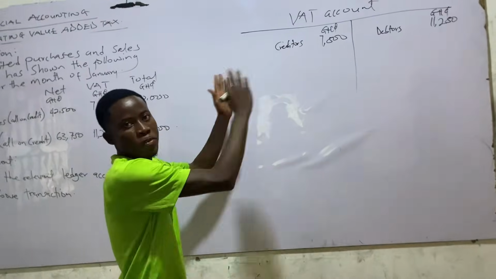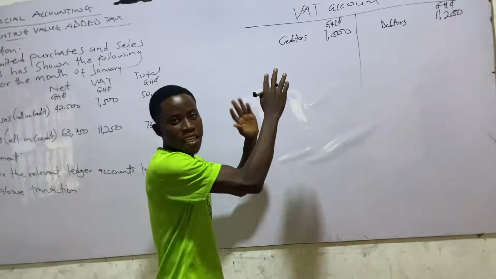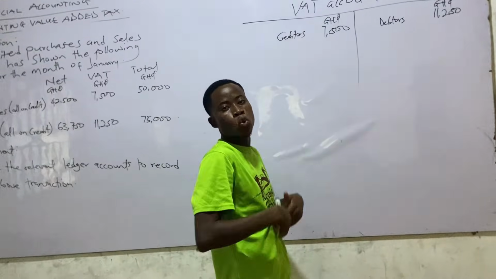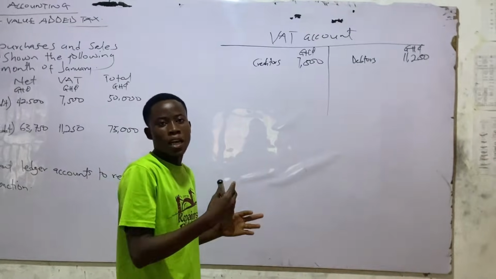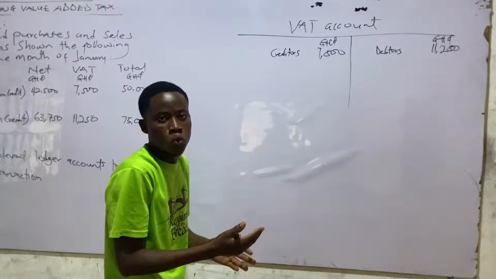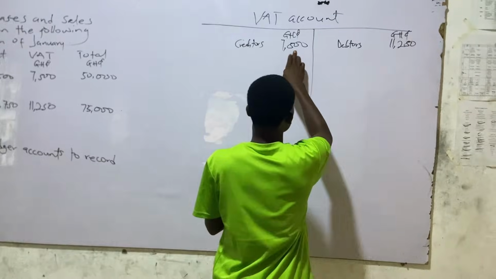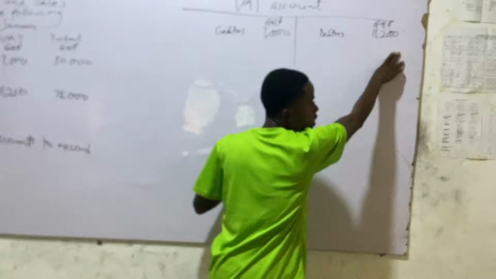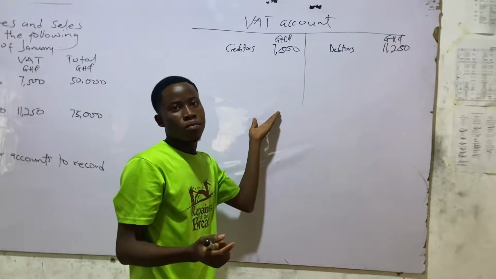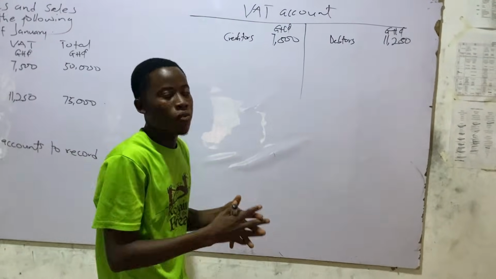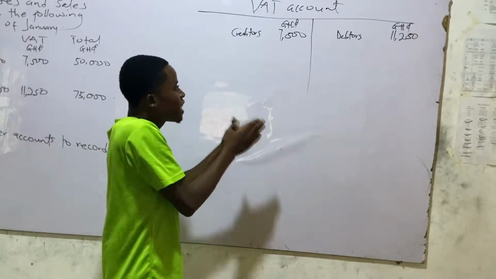Now let's balance off the account and then see how much you are supposed to pay or how much you are supposed to receive if we paid VAT more than we are supposed to pay. Now we have 7,500 and 11,250 here. We say if we are closing an account, we check both sides, and then the greater side of the account, we take that to be the total.